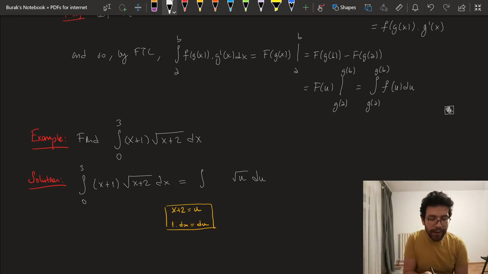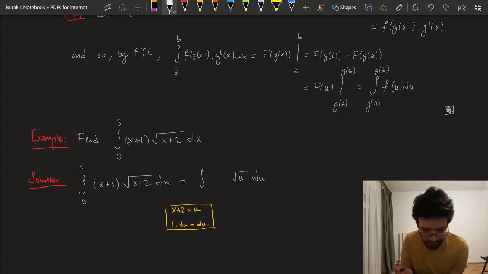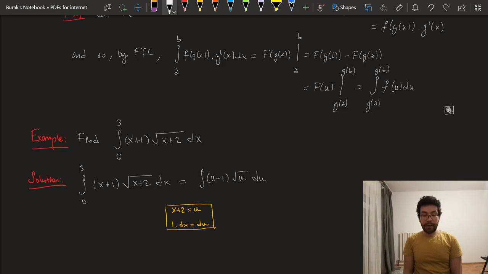What are you going to do about this x plus 1? I need to write this in terms of u, because over here I want to have a function of u to integrate. So I'm asking myself, what is x plus 1 in terms of u? Well, it's u minus 1, okay? And that's it. So I get this now.